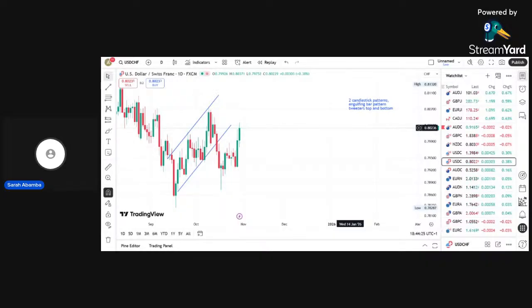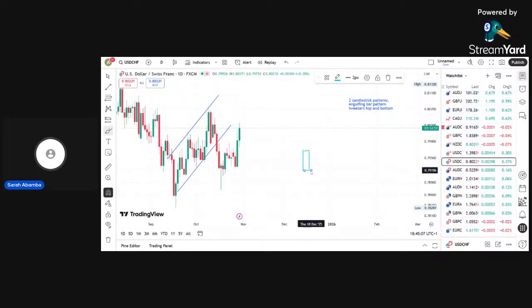Okay. So let me draw the engulfing first. We have the first candle, like this.